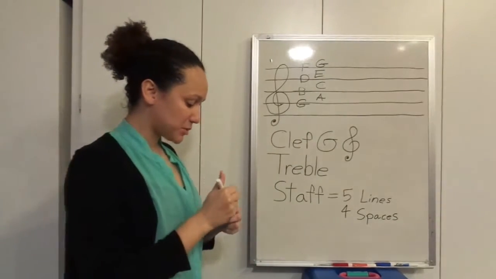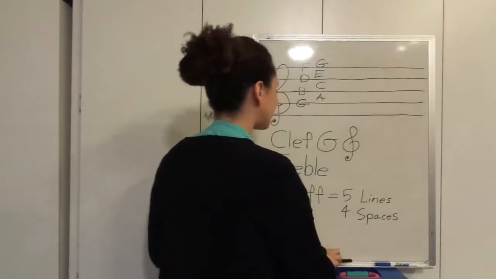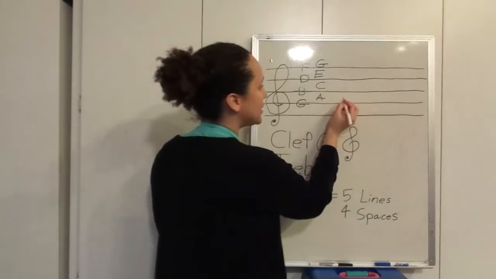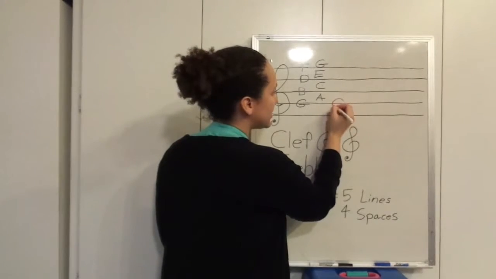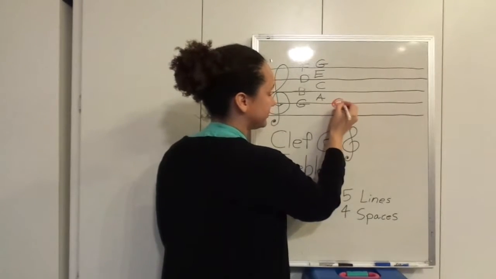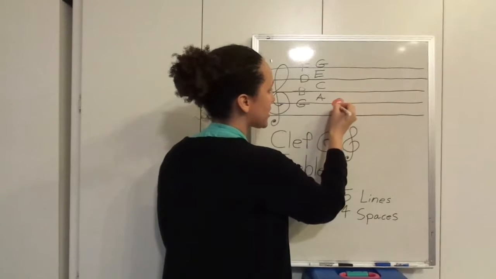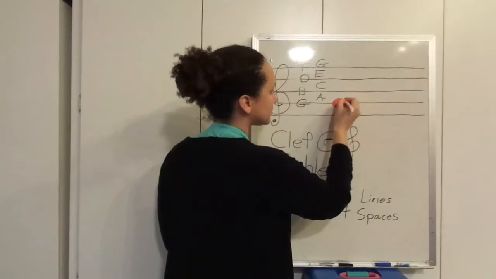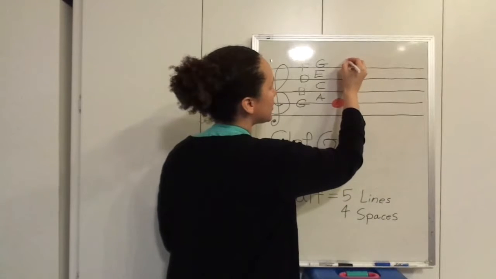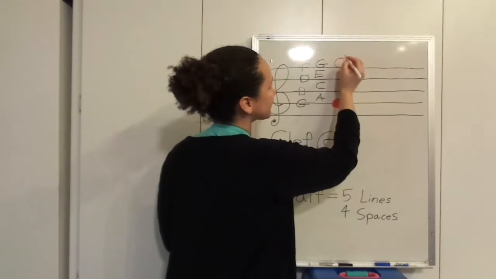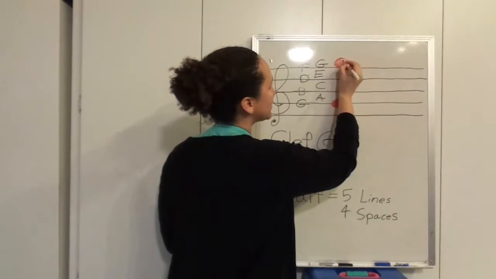So let's put some notes up there. I'm going to do them in red. So right here is your G, the G on the treble clef. Way up here would also be your G. I'm going to color it in nice and dark for you so we can see it.